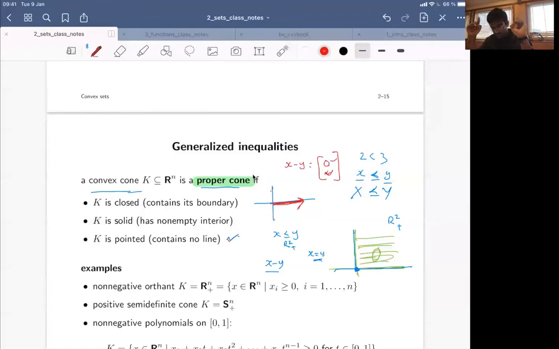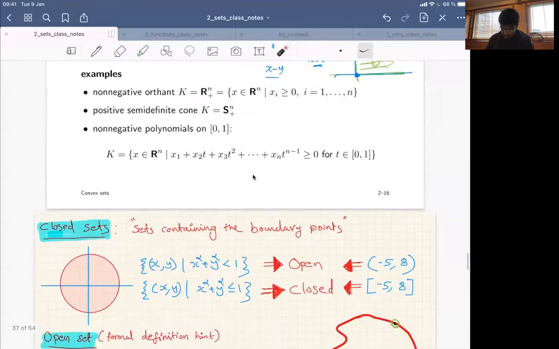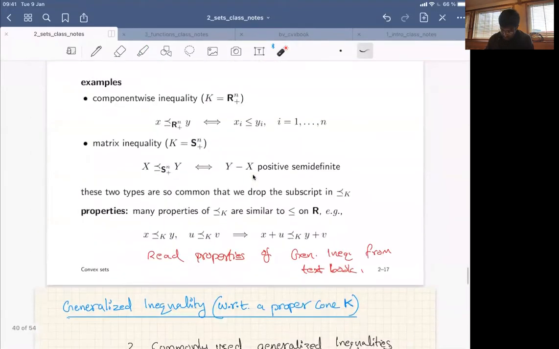So these are some hints behind these assumptions. I also think there are properties of generalized inequality. Here is one property: if x is less than y and u is less than v, then you can add both right and left hand sides like a normal inequality.